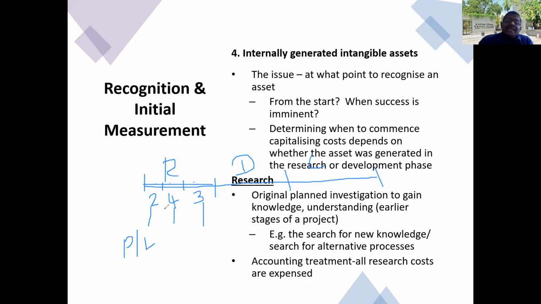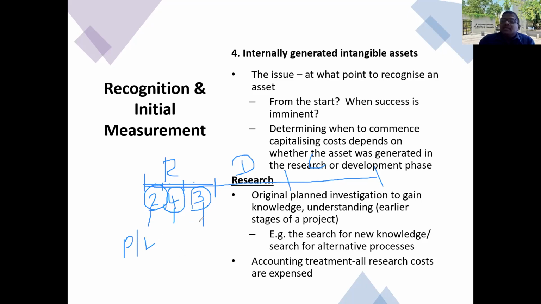In the year it was incurred, so this 2 million will be charged to P&L in the first year. This 4 million would be charged to P&L in the second year. This 3 million would be charged to P&L in the third year.